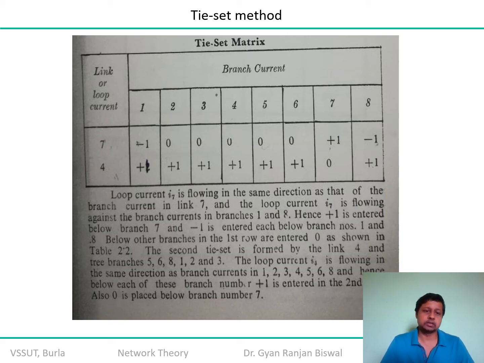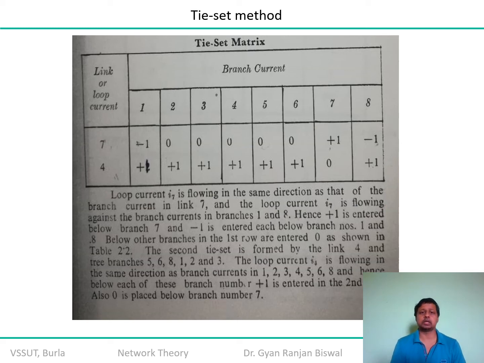And if there is no interconnection between a particular branch current and the link or loop current, it is replaced by 0. Remember, 0 and 1 are the only magnitudes used to represent the die set matrix of a given electrical graph.